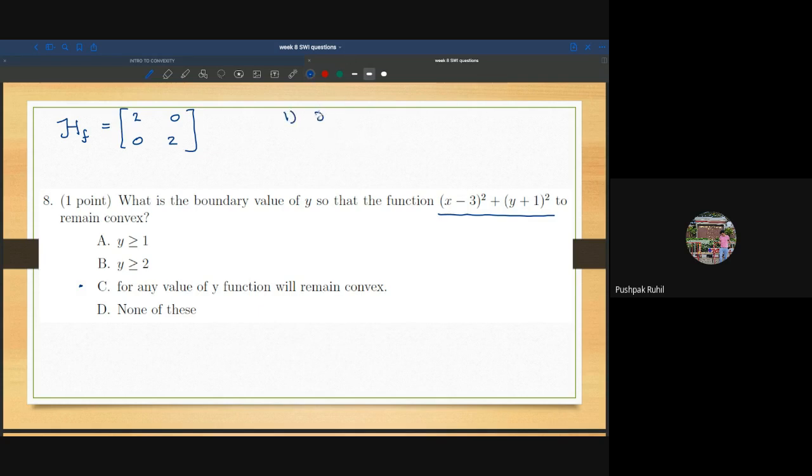The first condition was that this needs to be more than 0, and the second condition was that the determinant needs to be more than or equal to 0. Your first element does not depend on y, so it is more than 0. This is always true, by always I mean for any value of y.